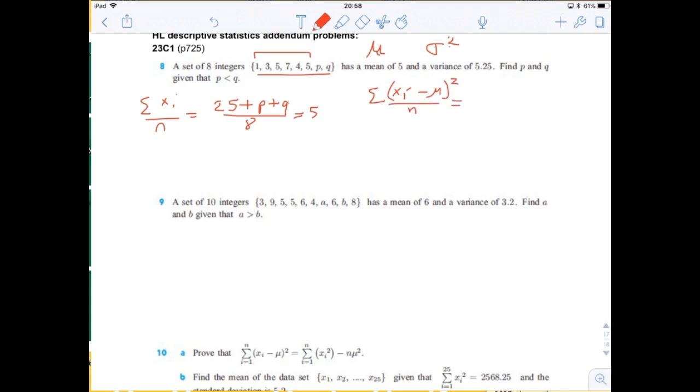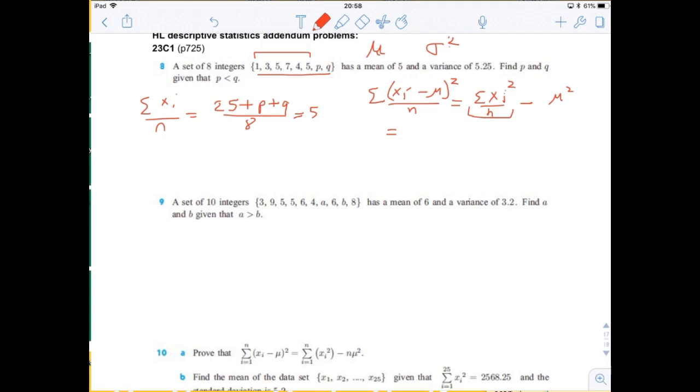And it can also be calculated by squaring the number and taking the average of that and subtracting the mean squared from that. I think both of these formulas are on your formula sheet. So let's do this quantity here.